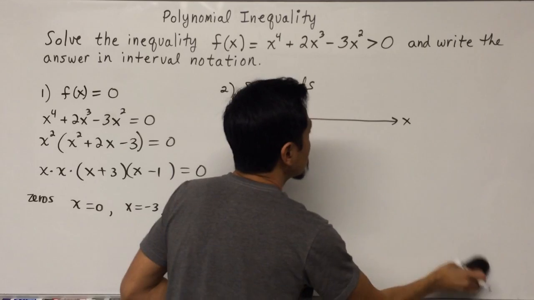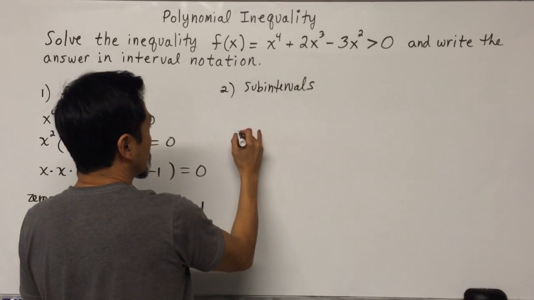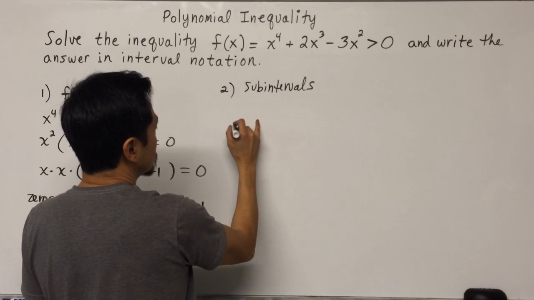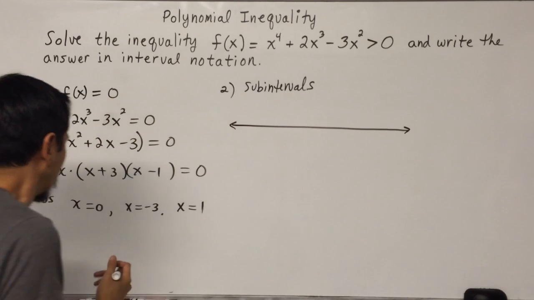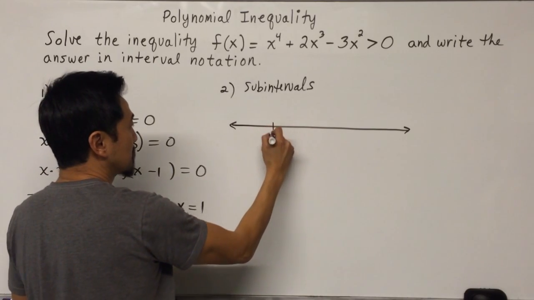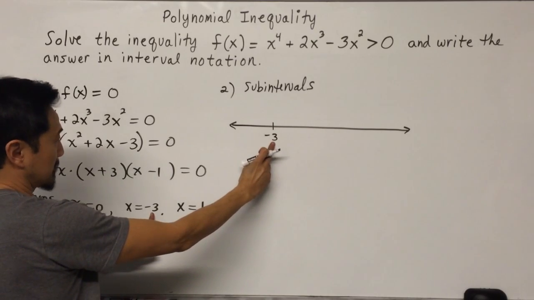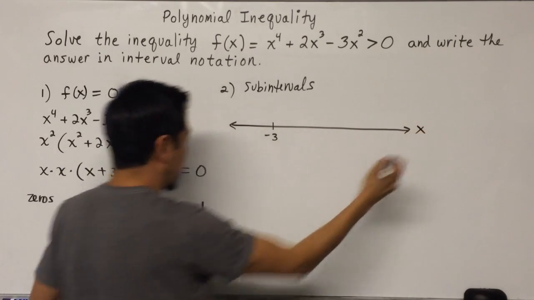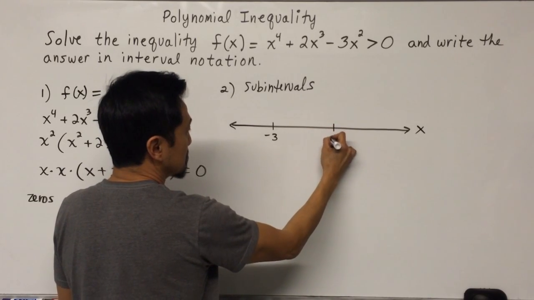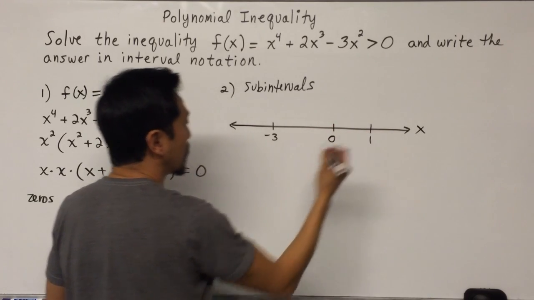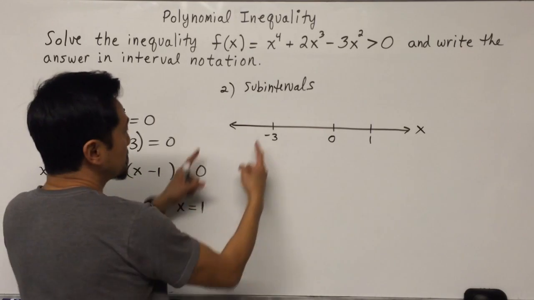Here, let me just take a moment to lower this. Okay, and so now I'm cutting the x-axis at -3, at 0, and at 1. Okay? So we have 4 subintervals.